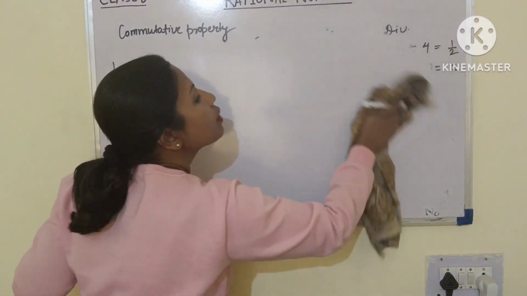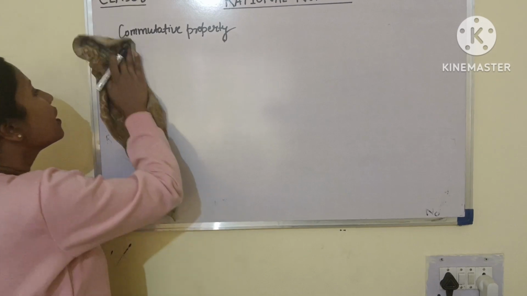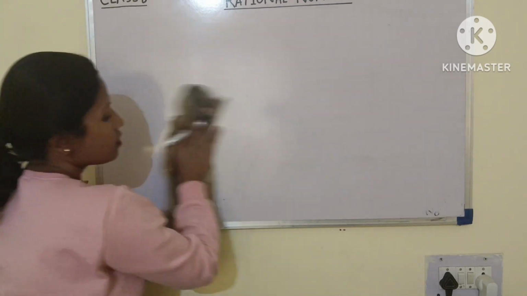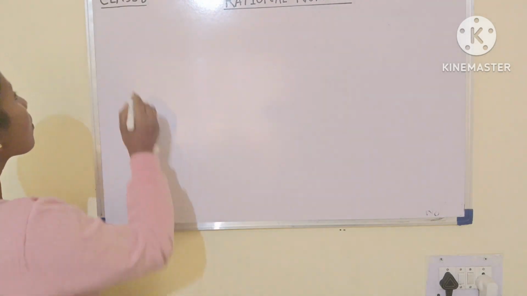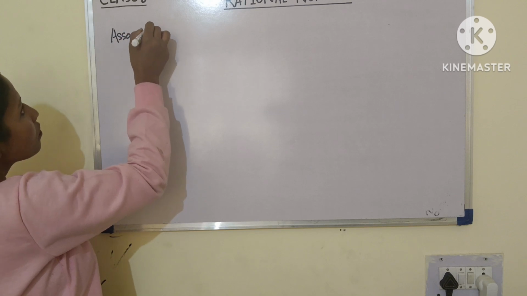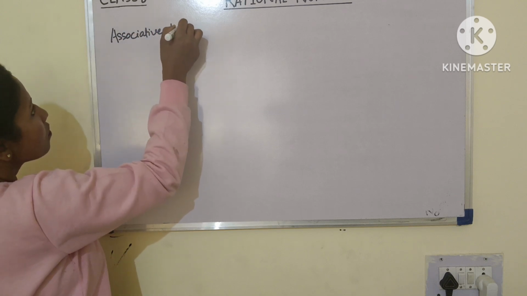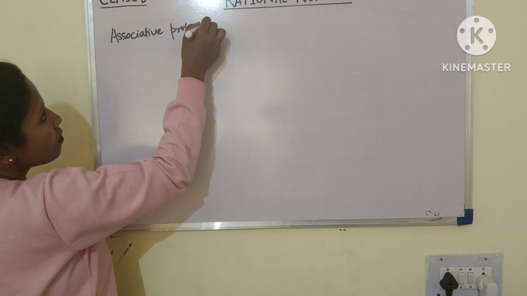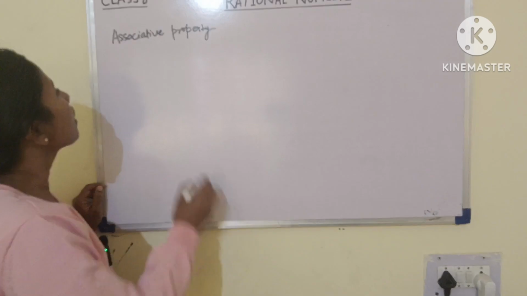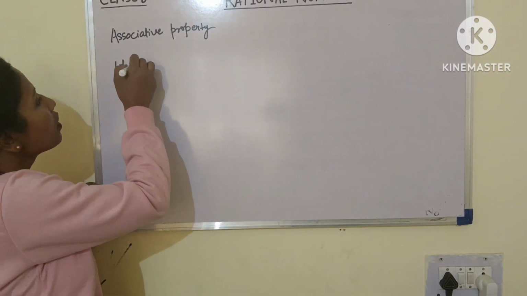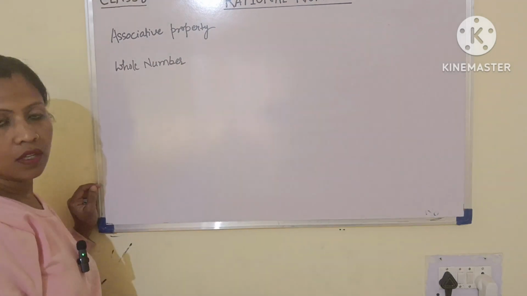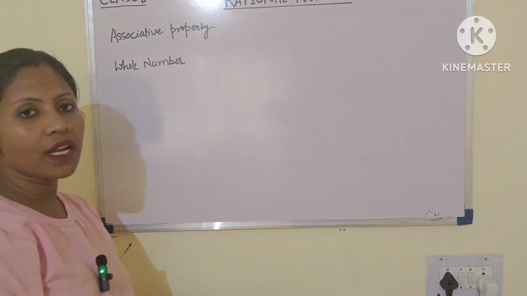Now let's learn about the associative property. Associative property क्या था? जो हम grouping करते थे, right? Let's talk about the whole number. I will talk over here about whole numbers and rational numbers.